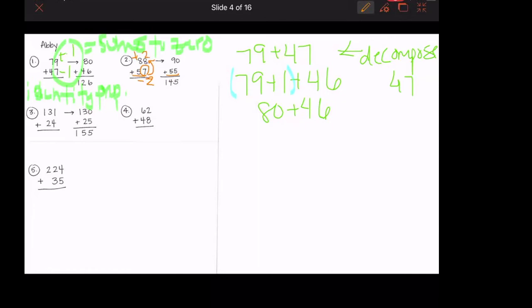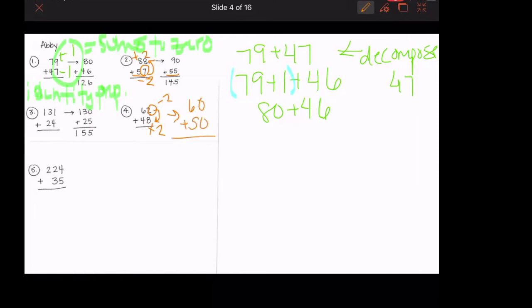So let's take this example here of 62 plus 48, because it can work either way, right? Maybe I want to take these 2 from the 62 and give it to the 48. So I'm going to take away 2 from the 62 and add 2 to the 48. So that way this becomes 60 plus 50, right?